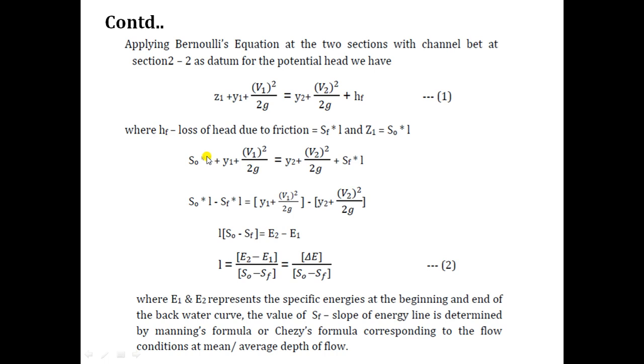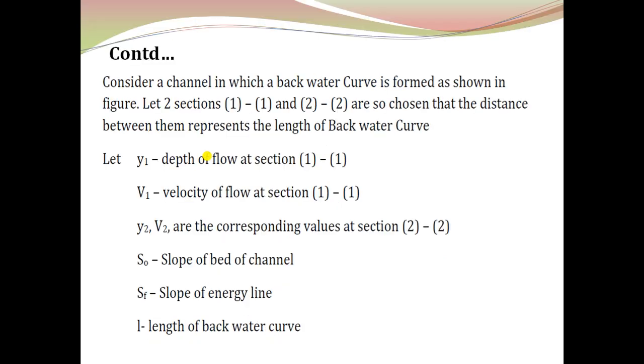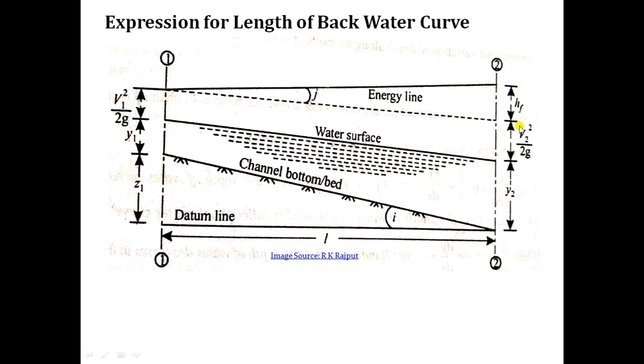Here hf is the loss of head due to friction, and if you refer to this diagram, hf will be equal to the slope of energy line into length. So Sf into L will give me hf.